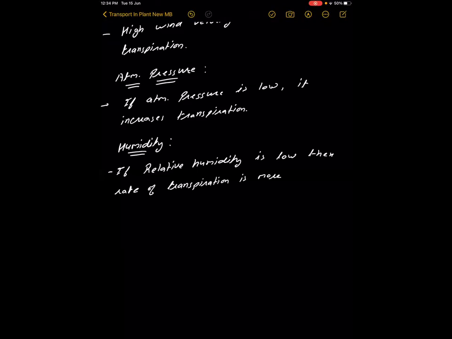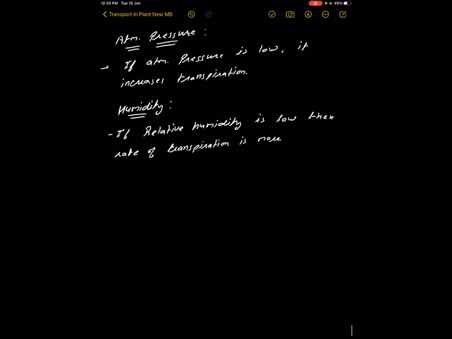Okay, it means it is inversely proportional. If relative humidity is higher, then transpiration is decreased. Even water also affects transpiration.